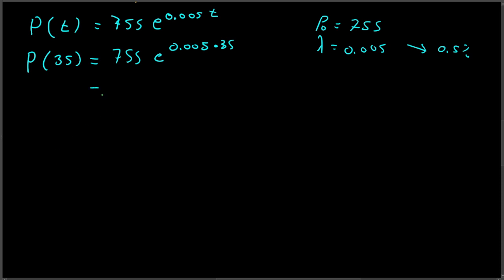And this gives me 899.39. Of course, you can't have 0.3 of an animal, so we'd probably round down. And so this is how population models work. e was also used in interest. And in the next video, we'll look at interest without e and interest with e as our examples.